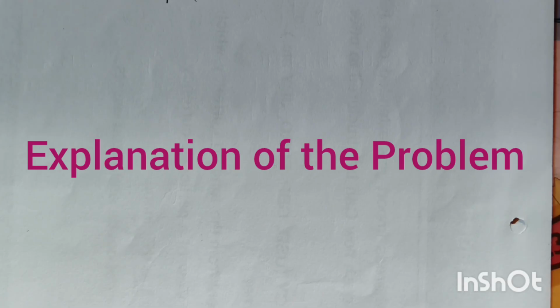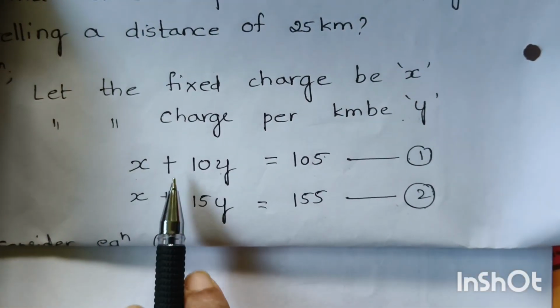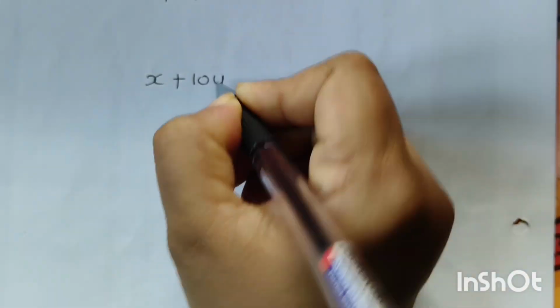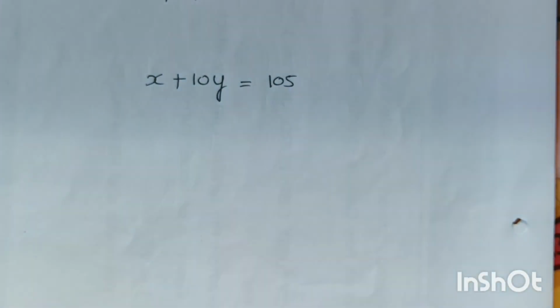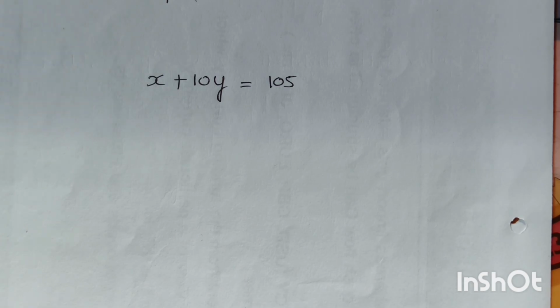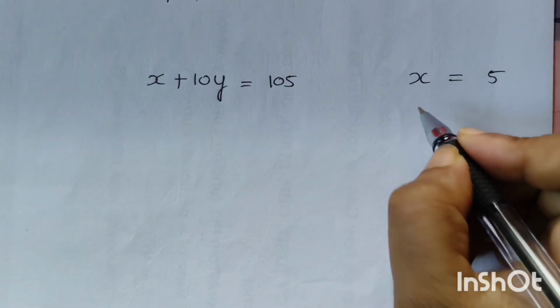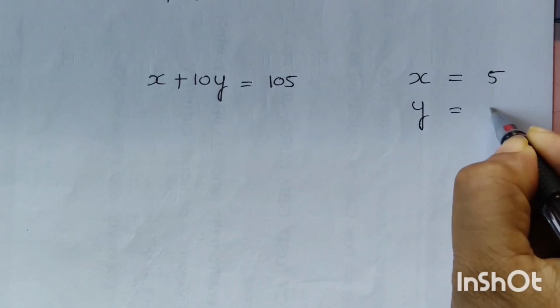Now let me explain this. Now look at these two equations. x plus 10y is equal to 105. And from the solution we got the value of x as 5 and the value of y as 10.